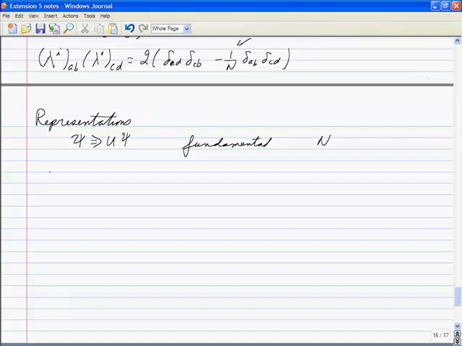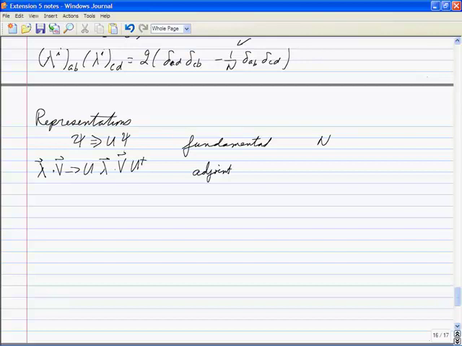It has n components. The adjoint is lambda dot some vector goes to U lambda dot vector U dagger.